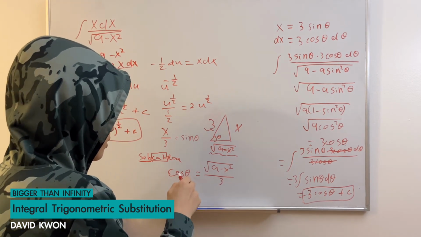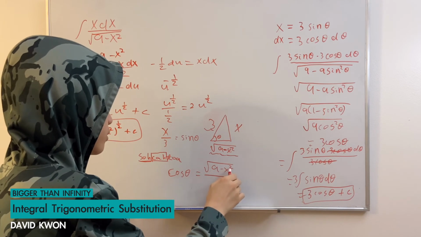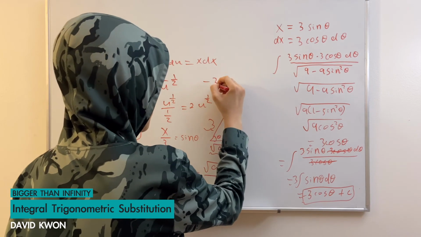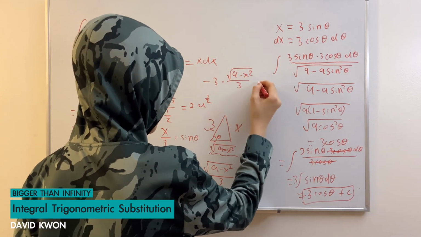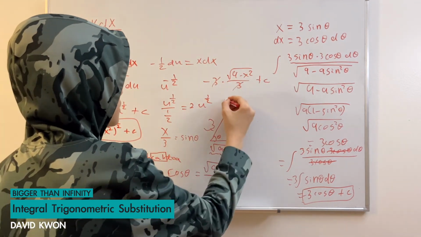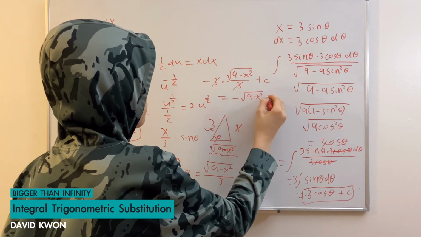Now I simply replace cosine theta with the square root of 9 minus x squared over 3. So we have minus 3 times the square root of 9 minus x squared over 3, plus c. The 3 and the 3 cancel out, so we have minus the square root of 9 minus x squared plus c.